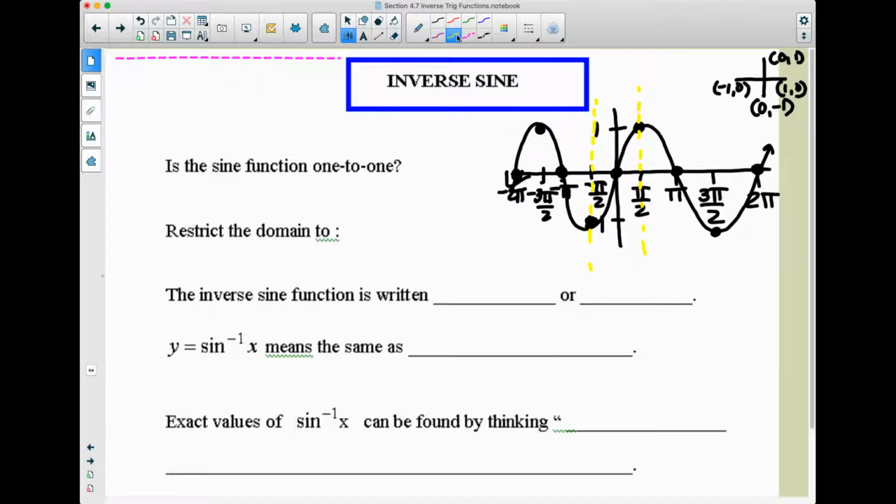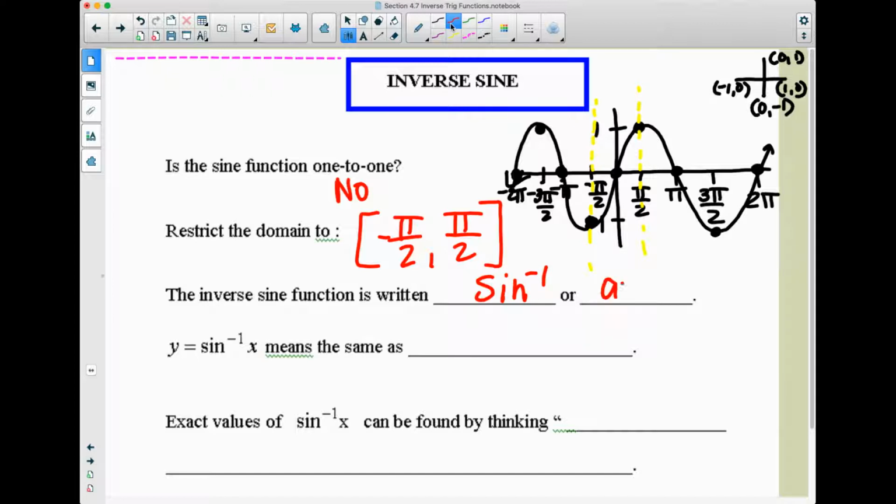So we already talked about here that no, it is not 1-to-1. And we are restricting our domain to negative pi over 2 to pi over 2. Okay, so you can see inverse of sine written with the little -1. We've been using that. Or arc sine.